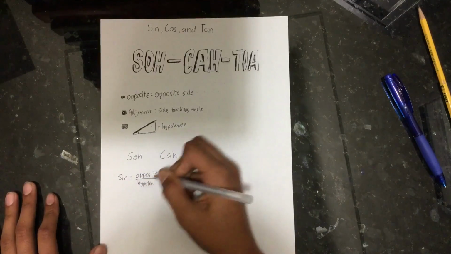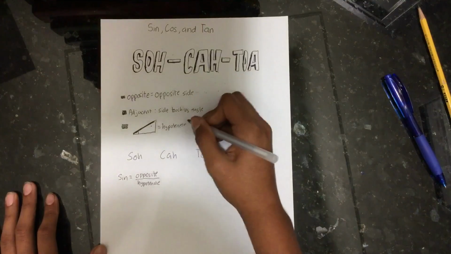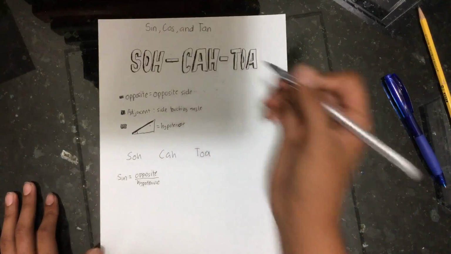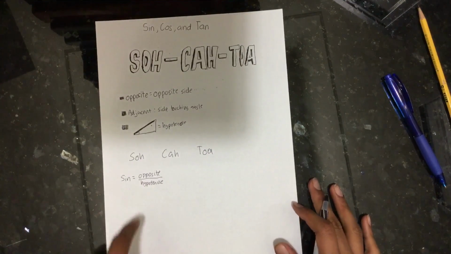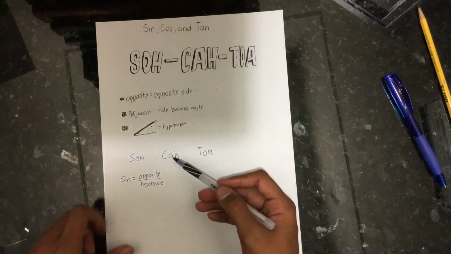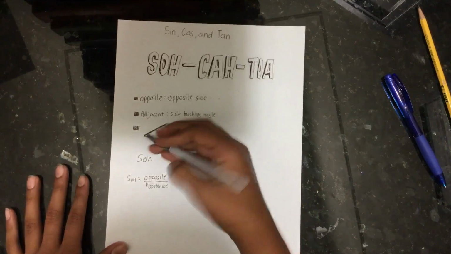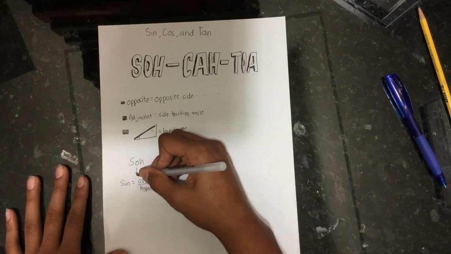And this is basically the same thing for each one. Hypotenuse. I think I spelled it wrong here, but that's okay. So that's basically what all of them are, except they're just using different words. So this one, sine is equal to opposite over hypotenuse. Okay?